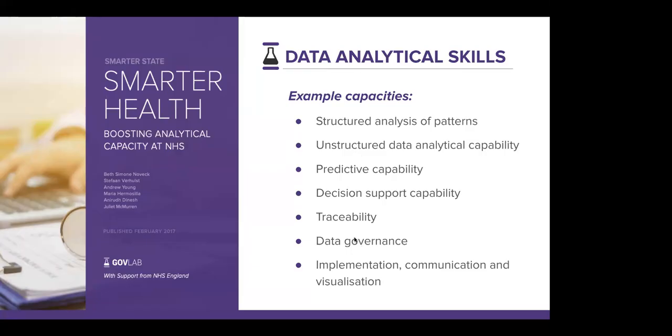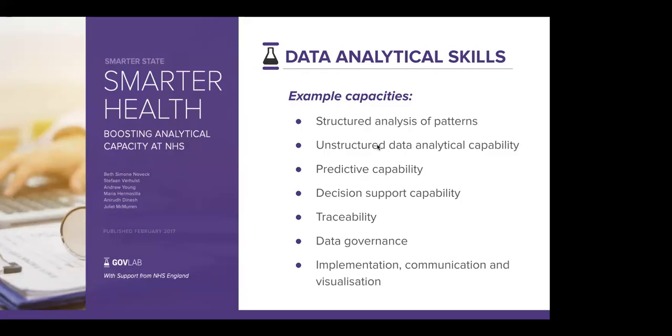And basically we categorized the expertise according to capacities: structured analysis, which is typical statistical analysis, or unstructured data analysis. For instance, if your question is about sentiment analysis, then quite often the data is unstructured. It's really about trying to understand perceptions or opinions that are not structured.